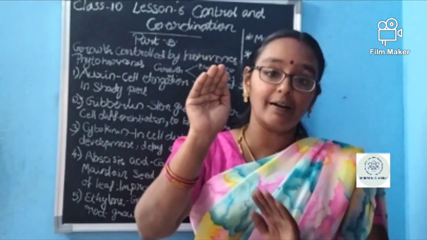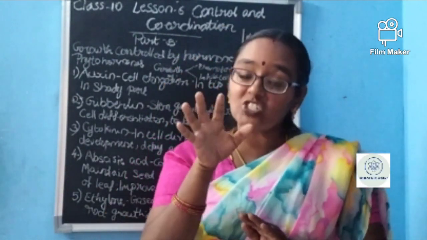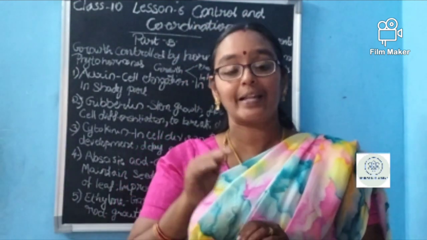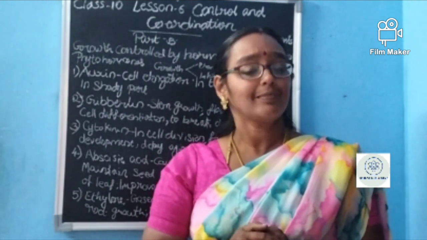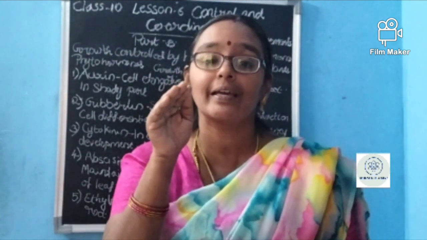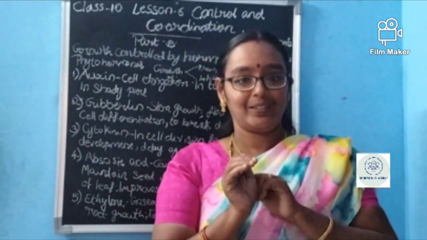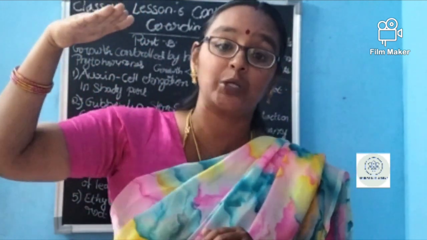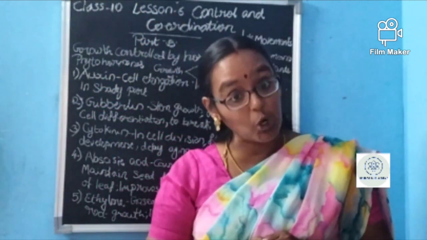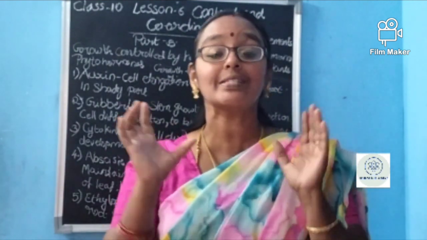So it will be turned to a side. Which side? To the sunlight. The plants will move towards the sunlight because of the presence of this auxin. Why? Auxin works in the shady part. Okay? This results in the movement of the plant towards the sunlight. Phototropism is caused due to the presence of auxin.